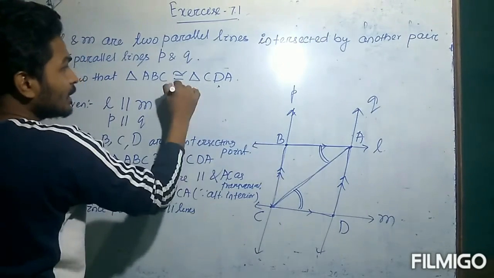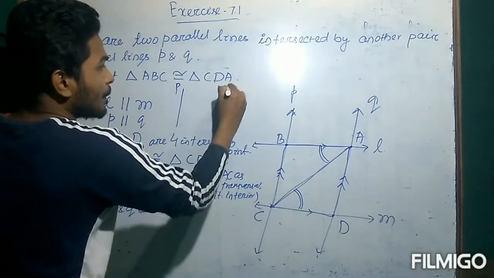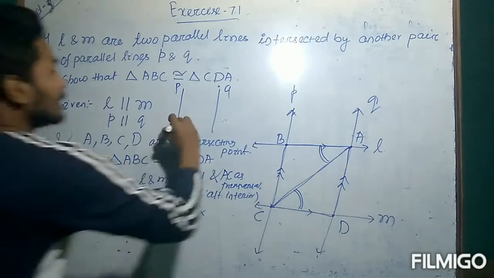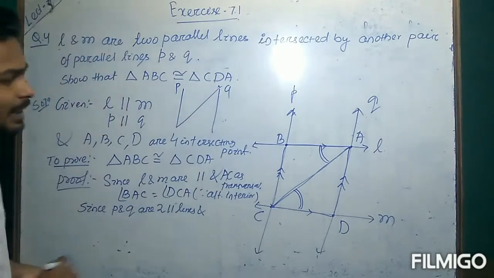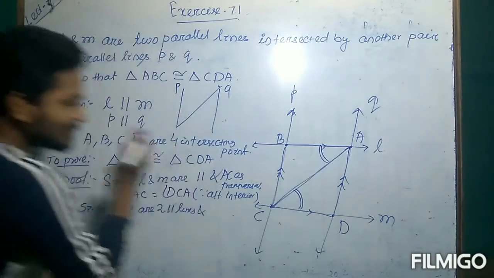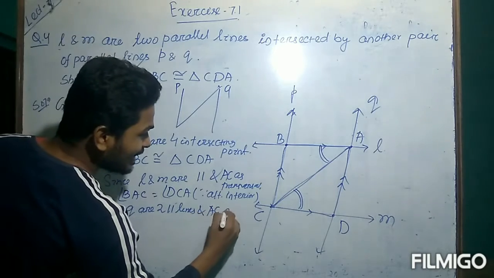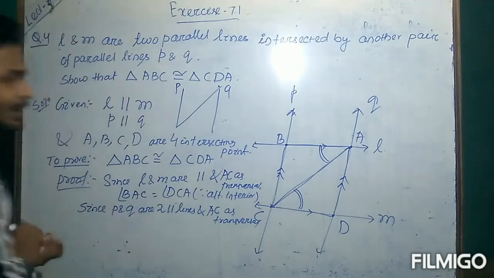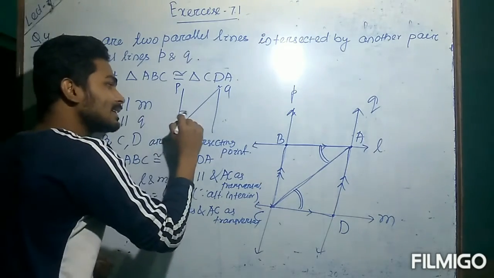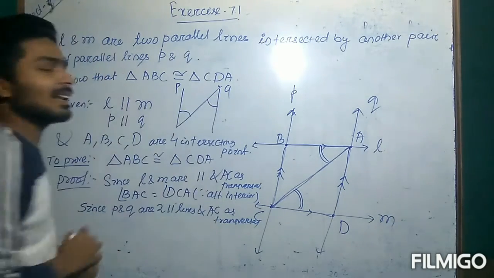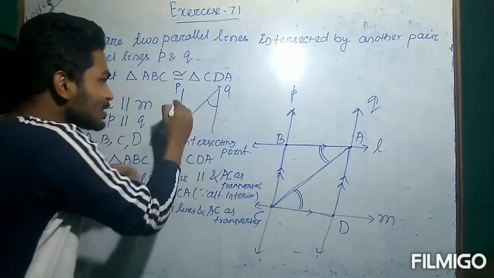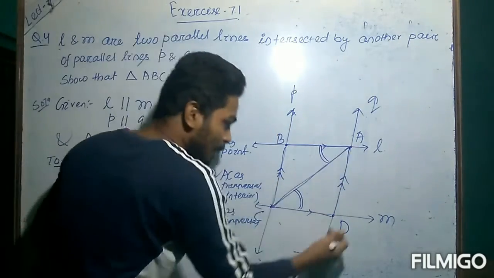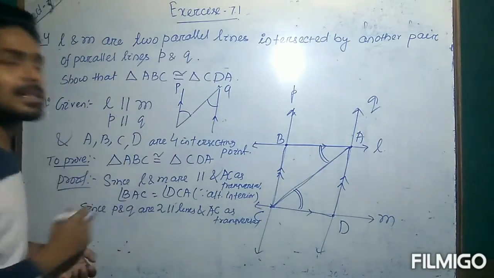Suppose this is P, this is Q, two parallel lines, and this is a transversal line, AC.